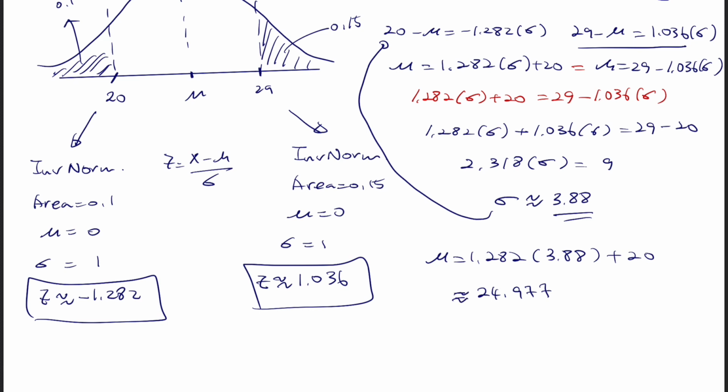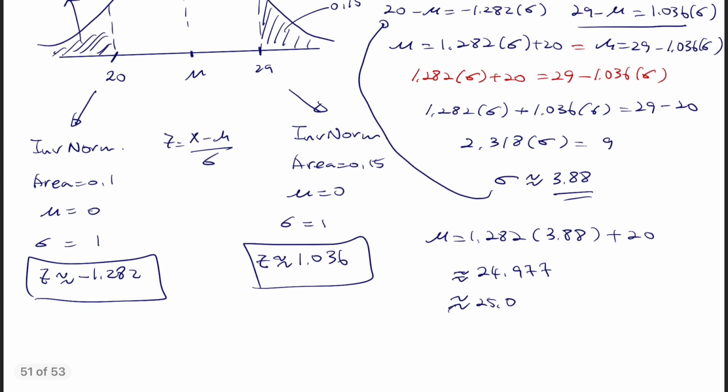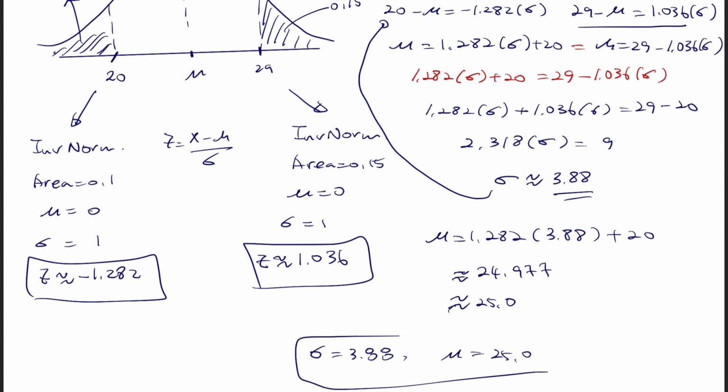So we can say that the mean value in this case is about 25.0. So we have found that the standard deviation is equal to 3.88 and the mean is equal to 25.0. And that's how you calculate the mean and standard deviation when both of them are missing.